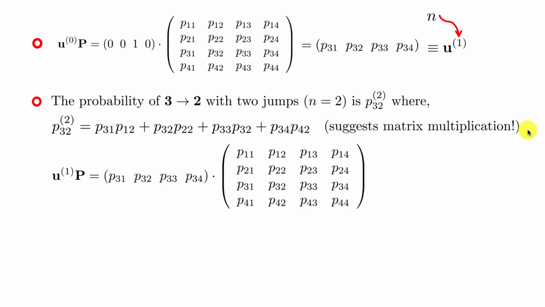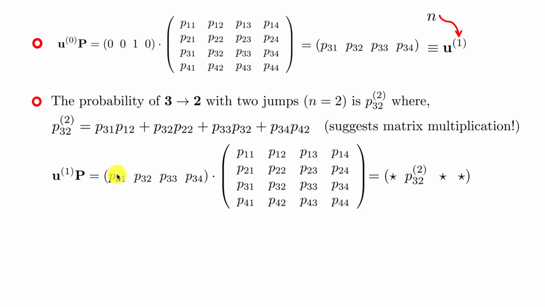Check it out. What we had earlier after one jump was this row vector. That which you encountered earlier over here. And now when you multiply that row vector with this matrix on the right, well then again by the rules of matrix multiplication, you're going to get something like this. So look at P32. How did we get P32?